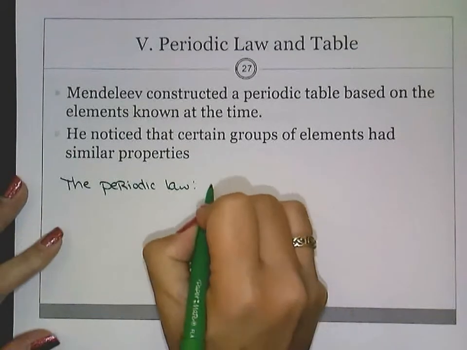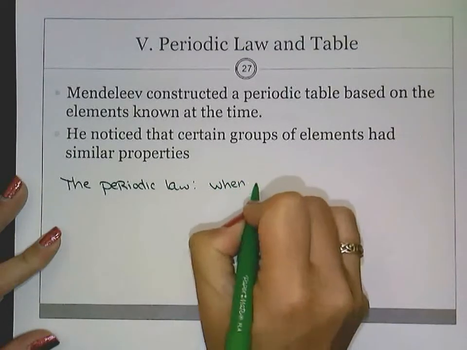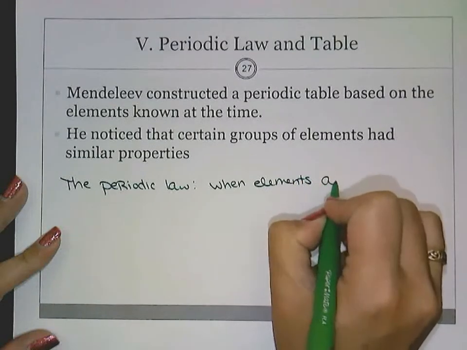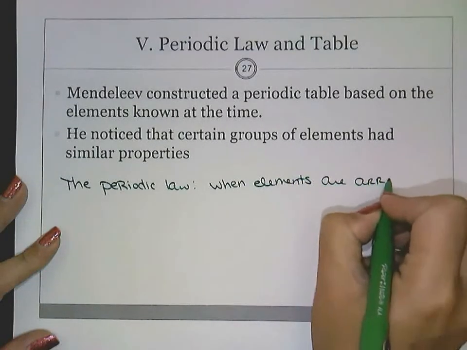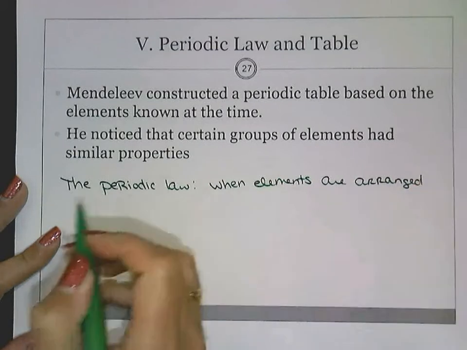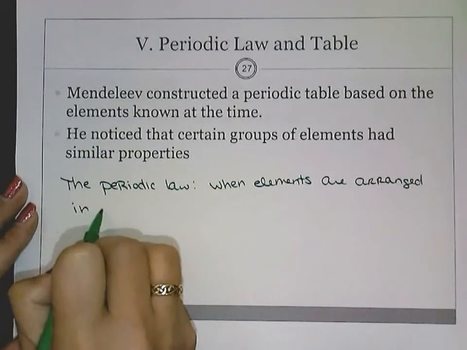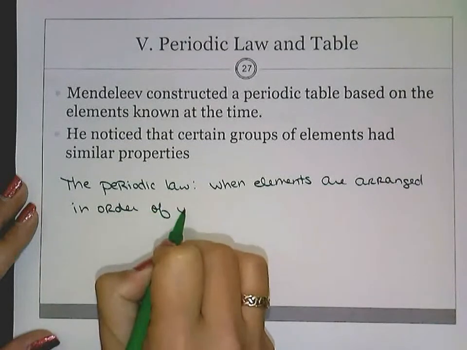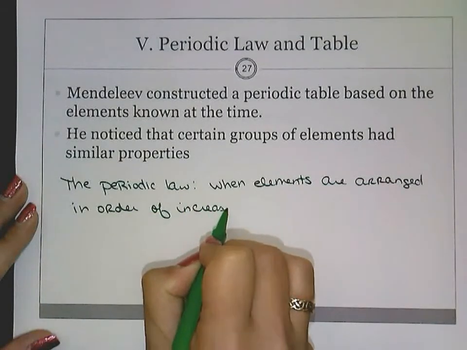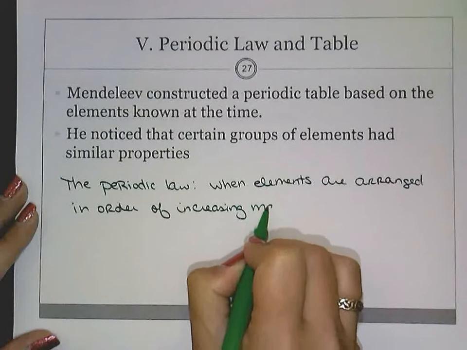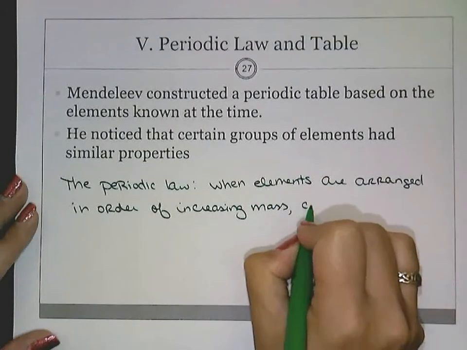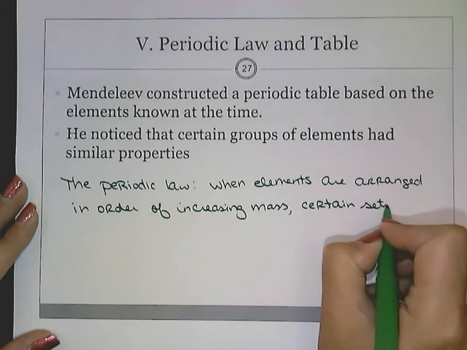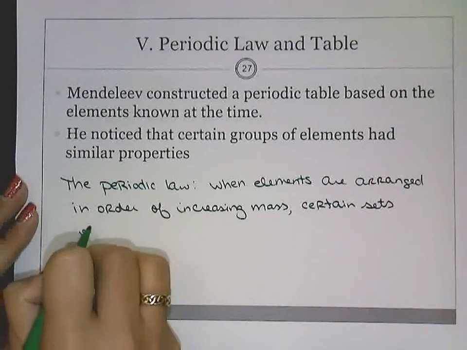The periodic law states that when elements are arranged in order of increasing mass, certain sets of properties occur periodically.